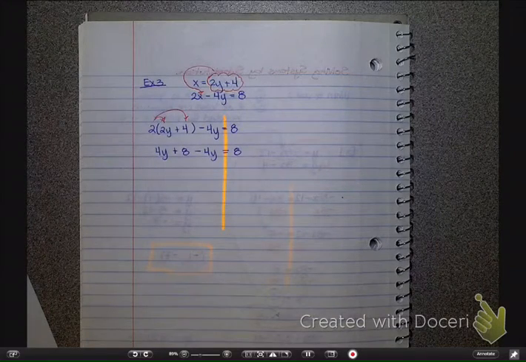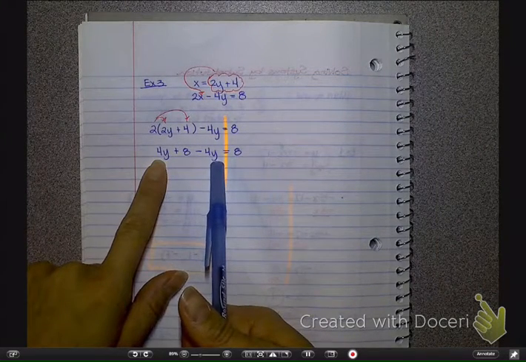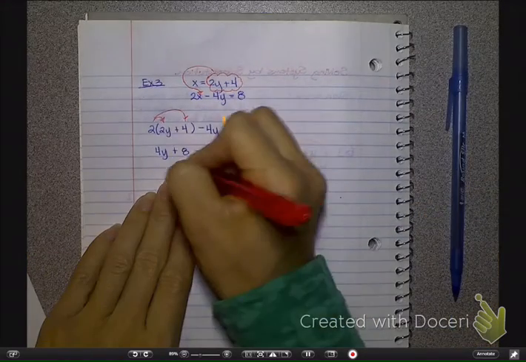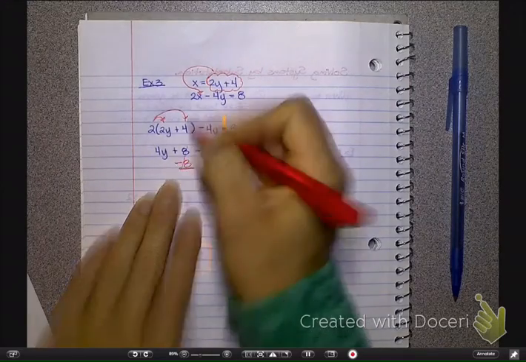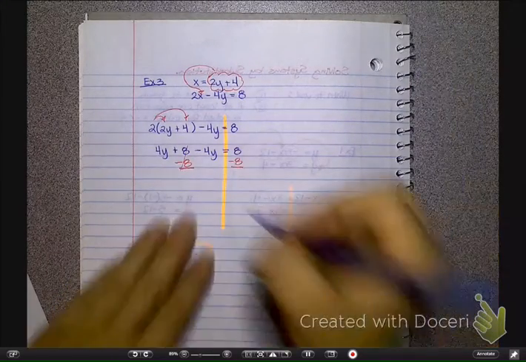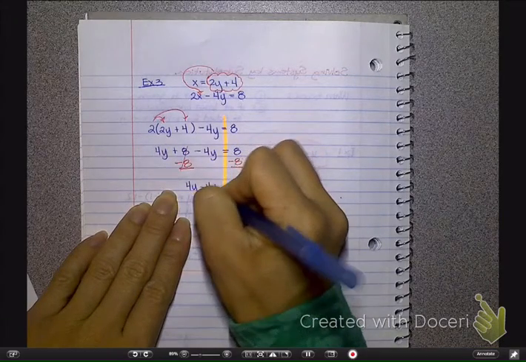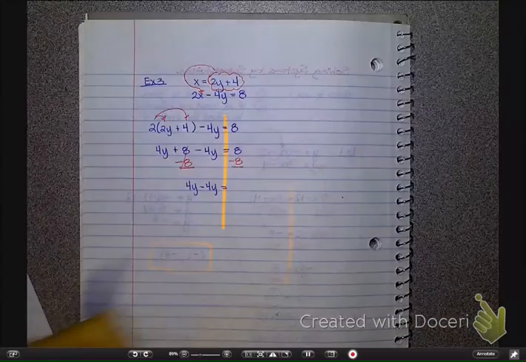Okay, I noticed that both of the variables are here already. I'm going to leave them on this side. I'm just going to move the 8 over here. Okay, so I'm going to subtract 8 from both sides. All right, so on this side I'm left with 4y minus 4y equals, what's 8 minus 8? 0. Okay.